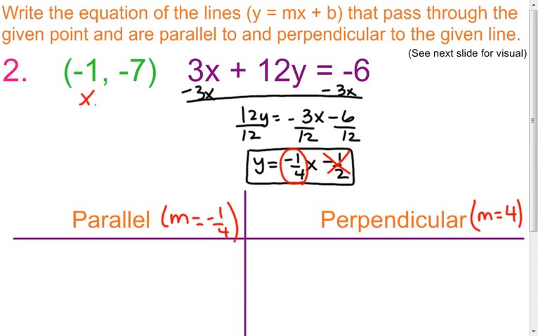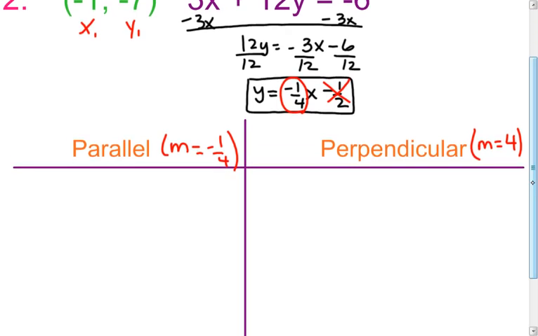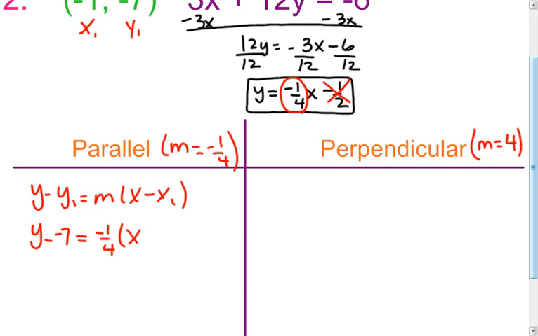Here is your x1 and your y1, okay? And you're going to plug that into the formulas. So I will go y minus y1 equals m times x minus x1. So y minus, my y1 was negative 7. In this case, my slope is negative 1/4 times x minus negative 1.